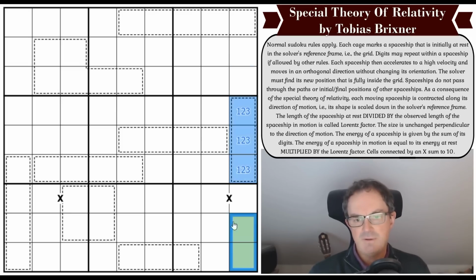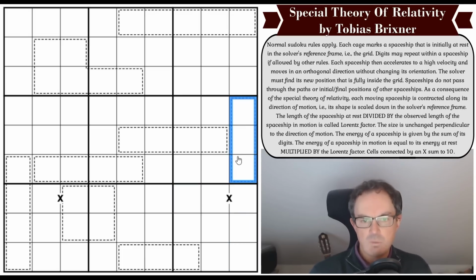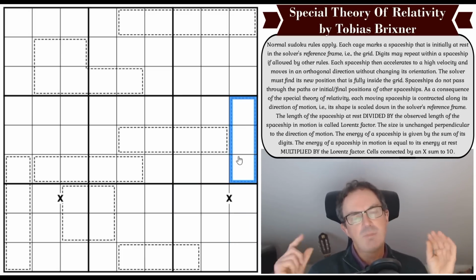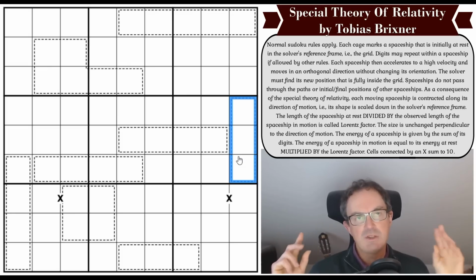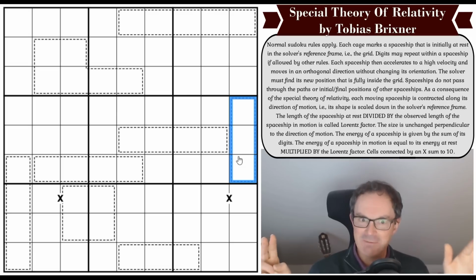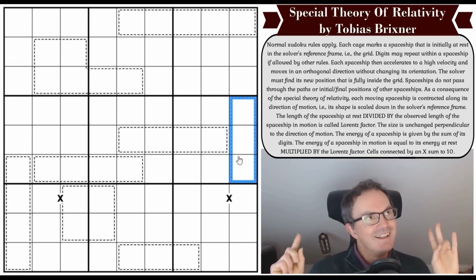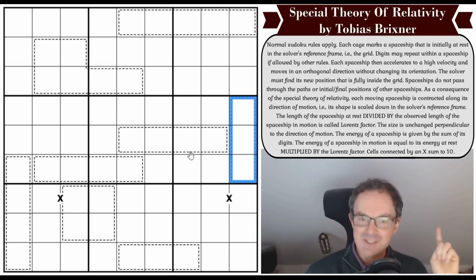Yeah, 10, 15, that sort of thing is how it will work. So once we identify where this goes, there is going to be a sort of black dot relationship between the domino, that is the position in the final grid of the highly motional spaceship, and the original position of the spaceship.